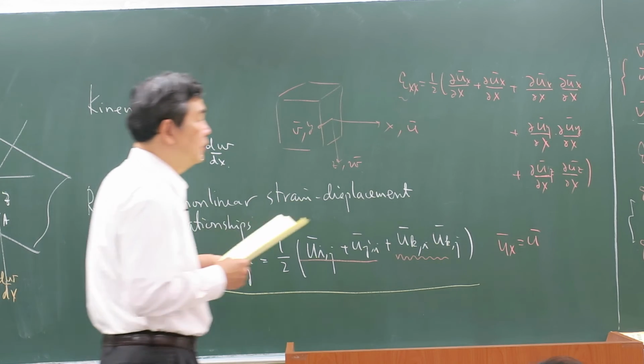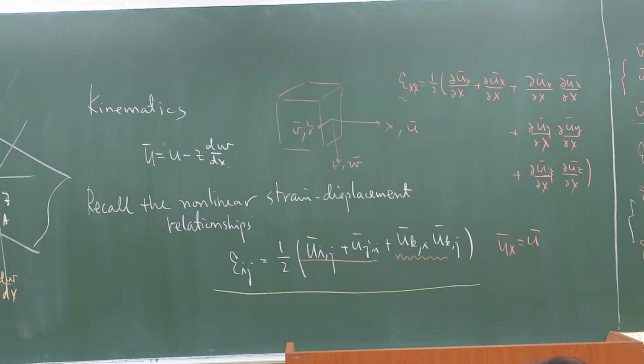Okay, and here we further assume this is also a high order term, so we drop it. If u bar is smaller than 1, or partial s smaller than 1, it is a high order term compared with this, so drop it. So for the strain, epsilon x is equal to partial u bar partial x plus half partial w bar partial x squared, because w may be much, much bigger, okay?